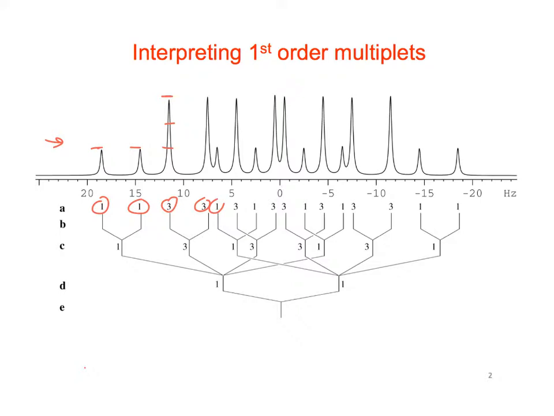So that tells us, first off, that this first splitting right here, because it's a 1 to 1 ratio, has to be generated as a doublet. And so everything else in here must be split as a doublet as well.